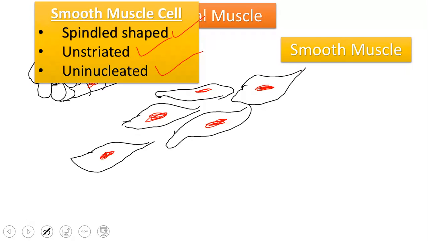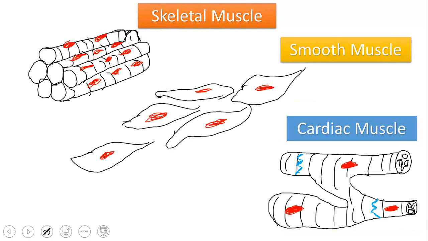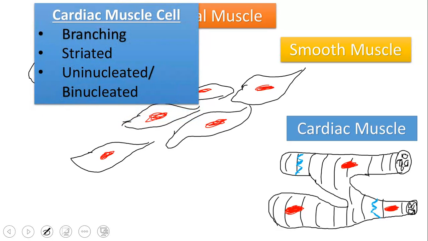But what about cardiac muscles? Cardiac muscles can only be found in the heart. These muscles are also involuntary. Note also that cardiac muscle cells are branching.